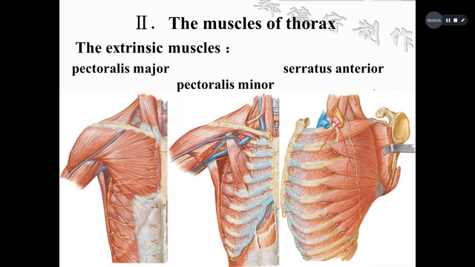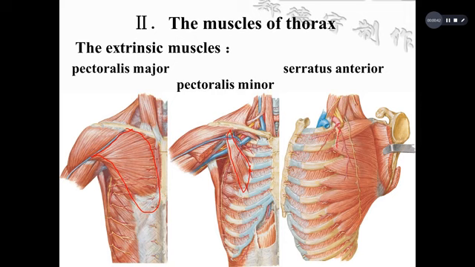At first, let's see the extrinsic muscles, including the pectoralis major, the pectoralis minor, and the serratus anterior.